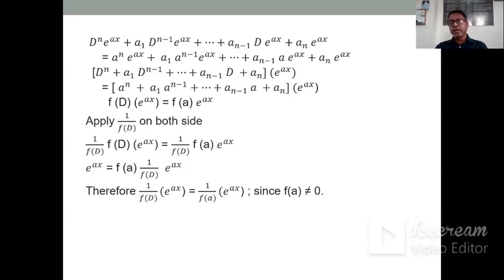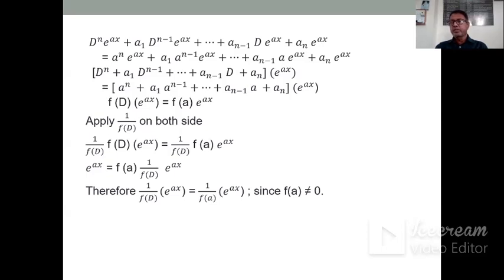Now suppose this factor D minus a is repeated r times. Then we are able to write f of D as (D minus a) to the power r into phi of D, where phi of a is not equal to 0.